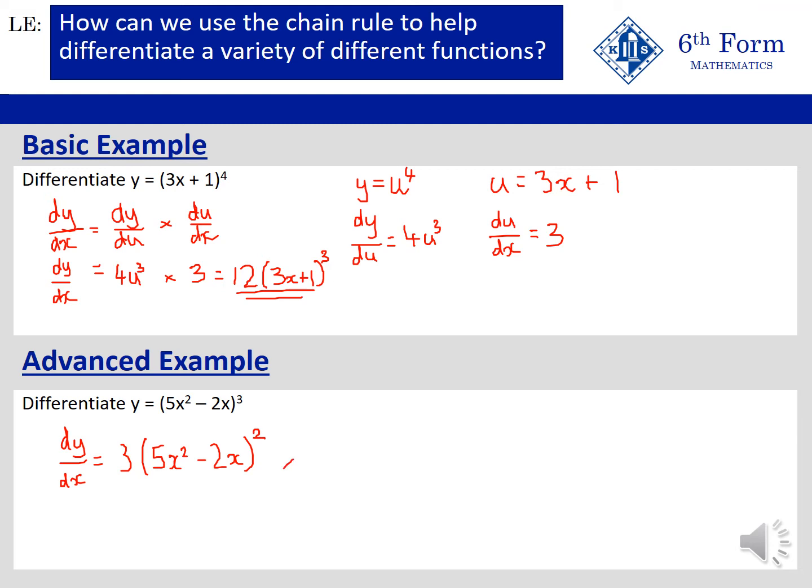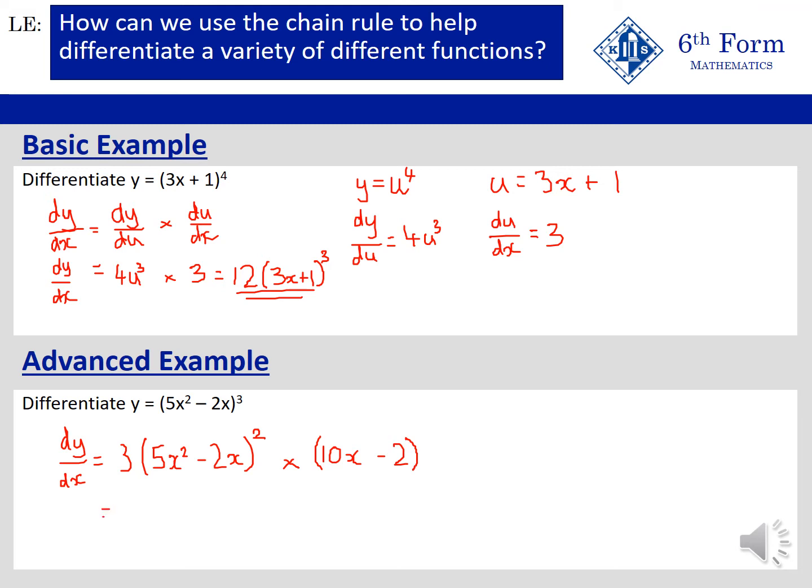We are then going to multiply that by our du by dx, which is what we get if we differentiate what is inside the brackets. So if I differentiate the inside of the brackets, I'm going to come out with 10x minus 2. Because this time, when we differentiate the inside of the brackets, we've got a linear function, we're going to have to treat that as having brackets involved to make sure the multiplication happens correctly.